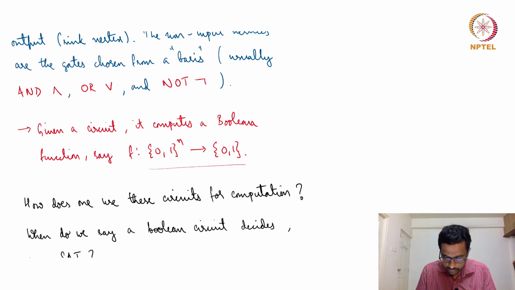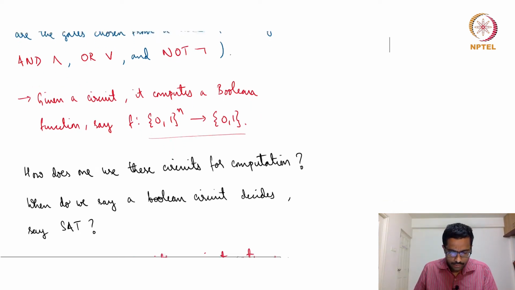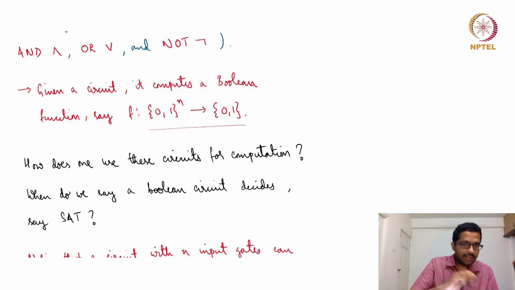Now it's not immediately clear how a circuit can be used for computation. Let's say you want to solve a SAT instance. A Turing machine takes the input, does whatever processing it does, and then decides accept, reject, and so on.